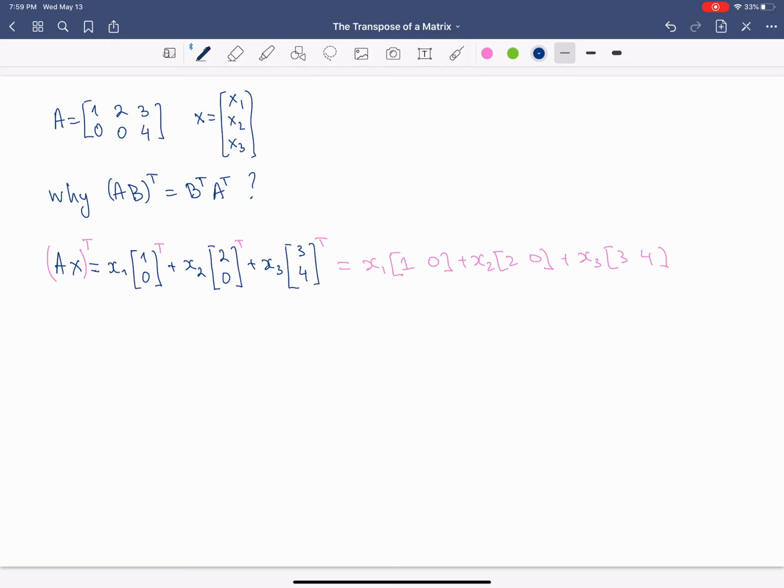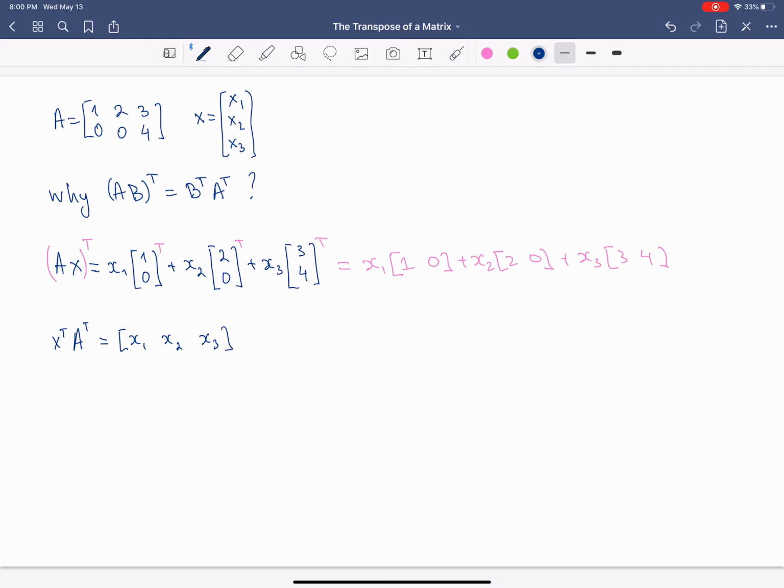All right, so I have an expression for (Ax) transposed. Now let me look at x transpose A transpose. So x transpose converts x into a row vector with components x1, x2, x3.